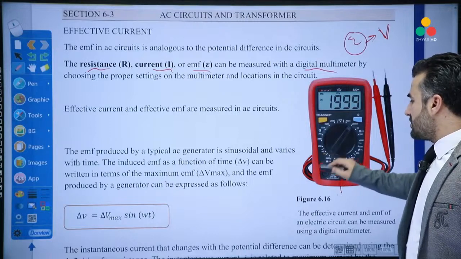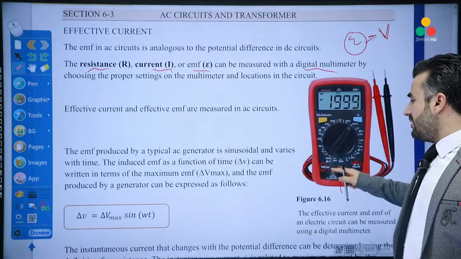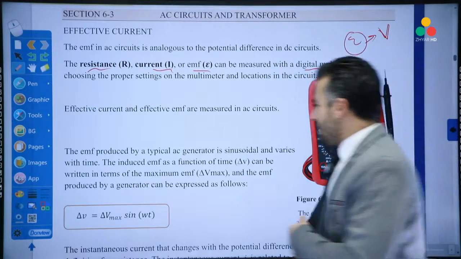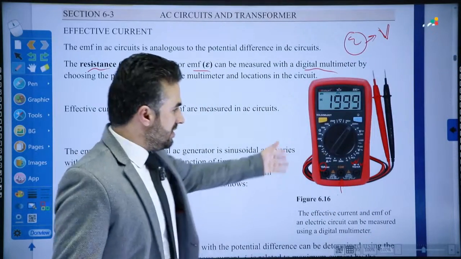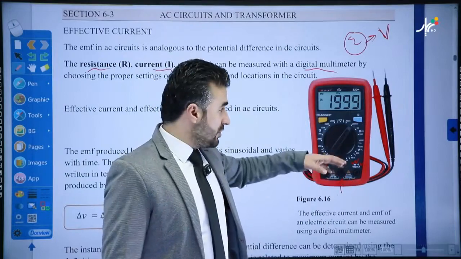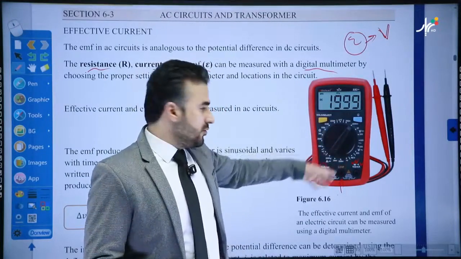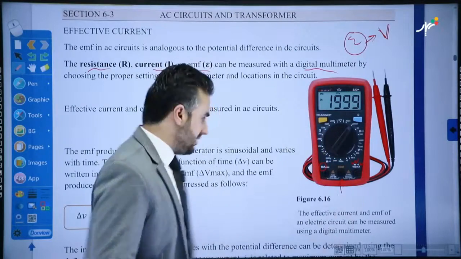If not, this one would measure current in a range of 10 amps and above. These are not a big deal here, just a device; once you have it, you will get enough information on how to use it.